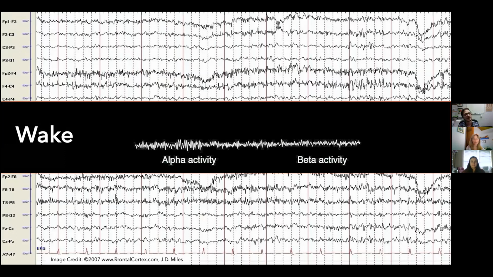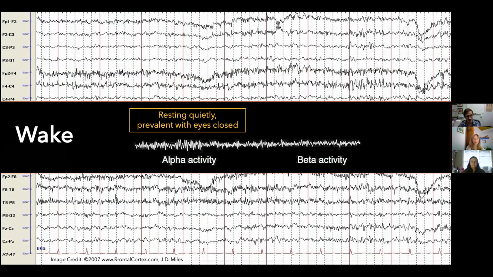What we call them in the EEG world, we name these squiggles based on the number of squiggles per second, or the frequency, and the amplitude, how big the squiggles are. When you're just hanging out, resting quietly, you have what's called alpha activity on the EEG.